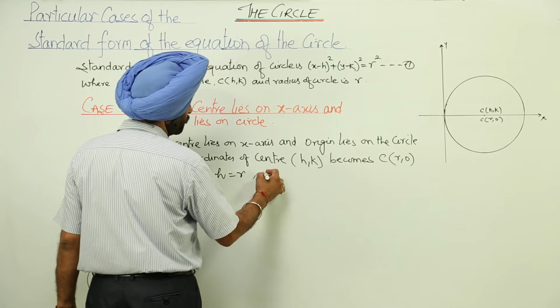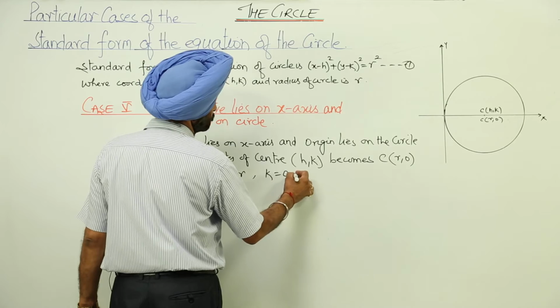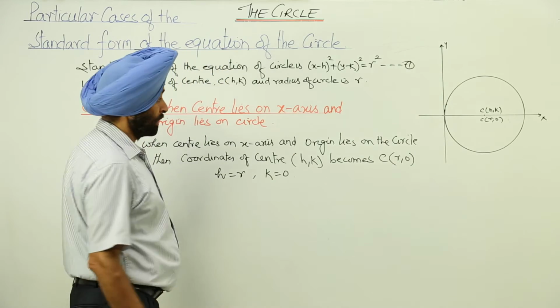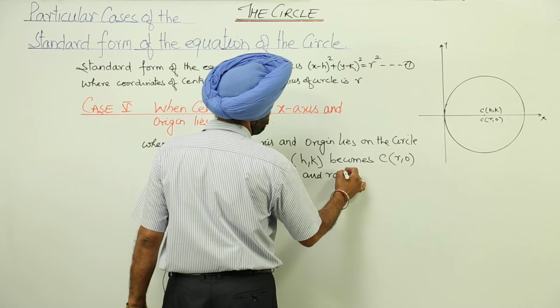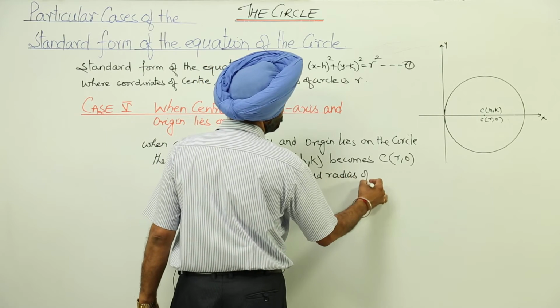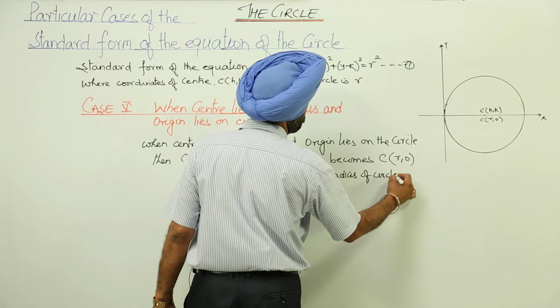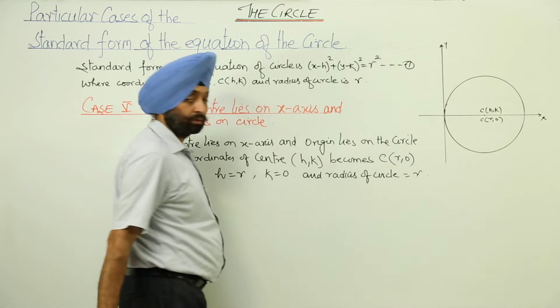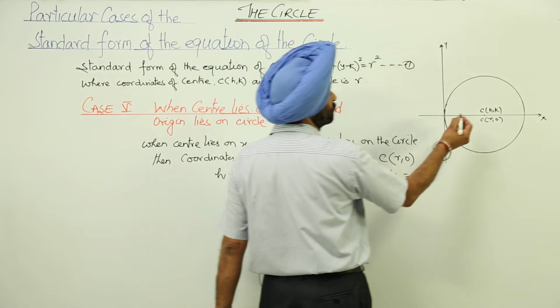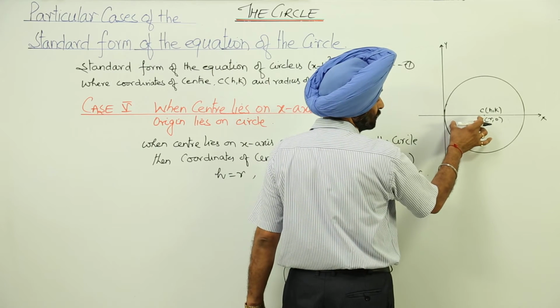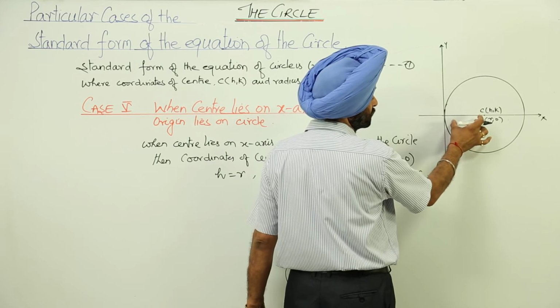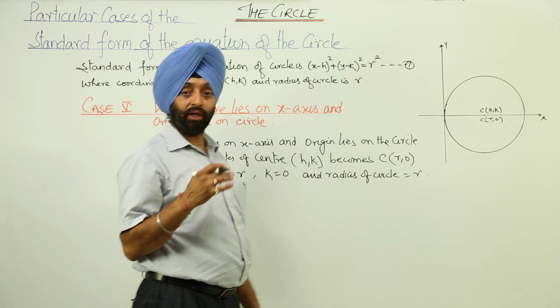H is equal to r and k is equal to 0, and radius of circle is equal to r. Now, this distance from the origin from O to this part, it is already r, radius. This is the radius of circle. So, we will be taking coordinate of h as r.